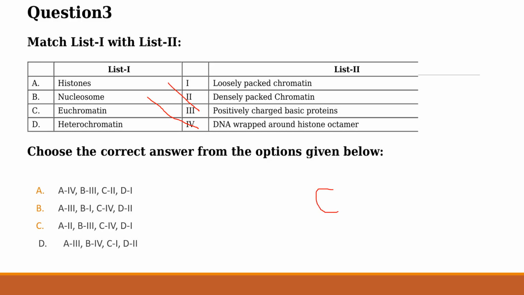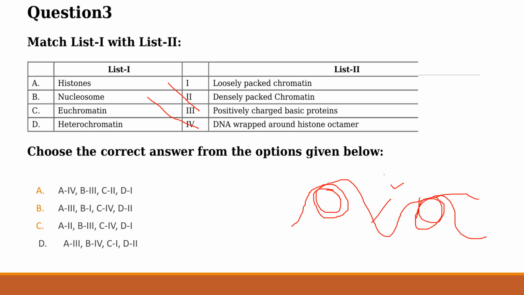Consider this as histone and the DNA is wrapped around the histone. And there is another histone and DNA is wrapped around this, like this. And this is the linker DNA. This is the linker DNA, and this structure is known as nucleosome.